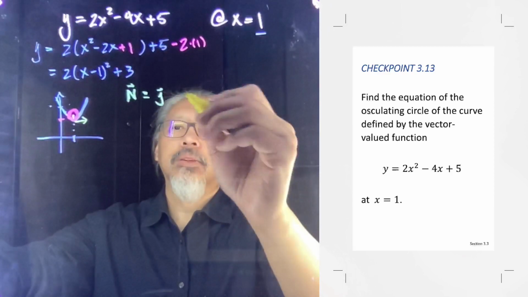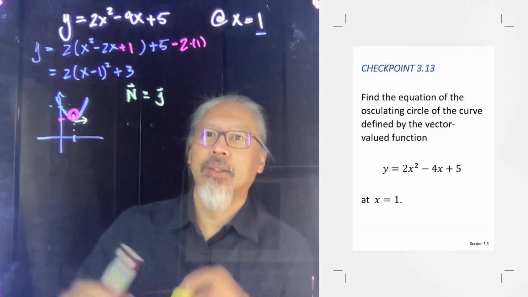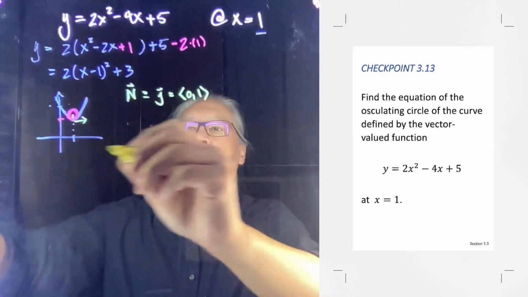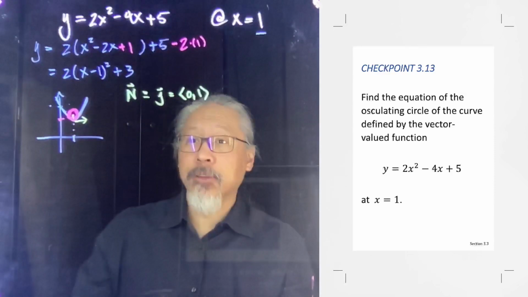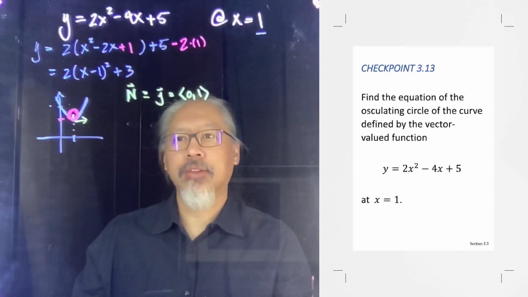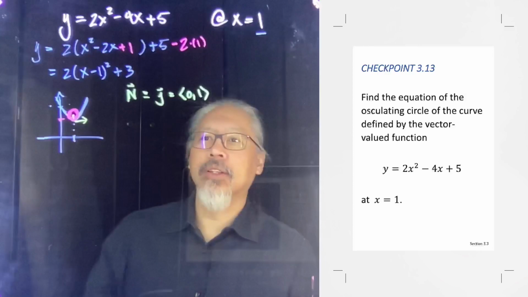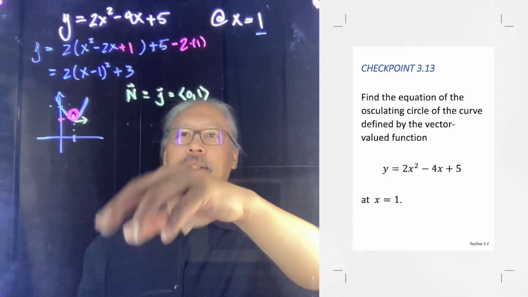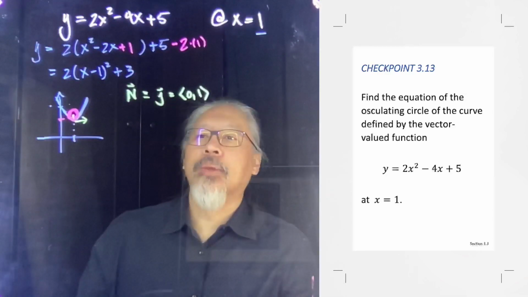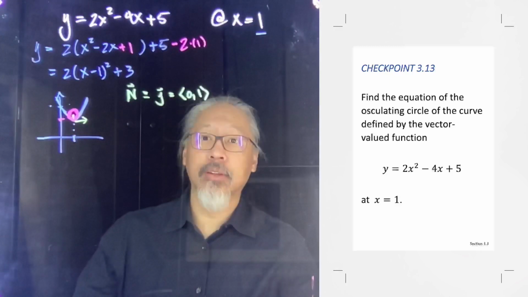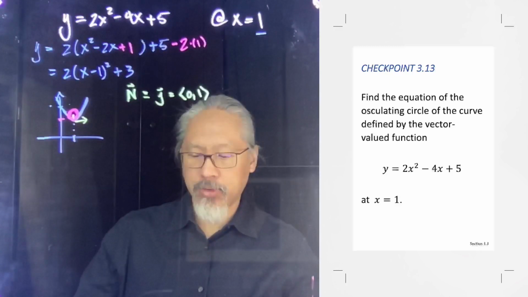Let's call it 0, 1. That's going to make things easy for us, because now we just have to go a certain height from 1. So the center of the circle is going to be 1 comma something, and the something will depend on the curvature, and the radius of the circle is going to be 1 over the curvature.